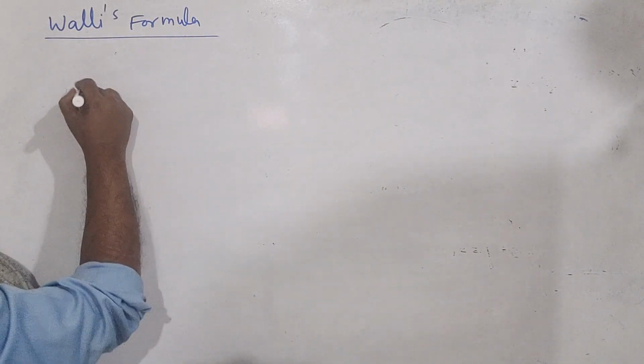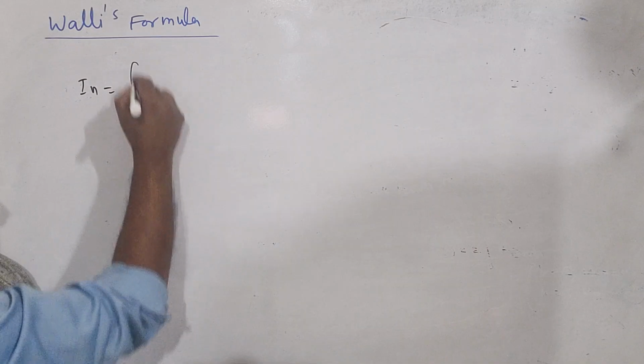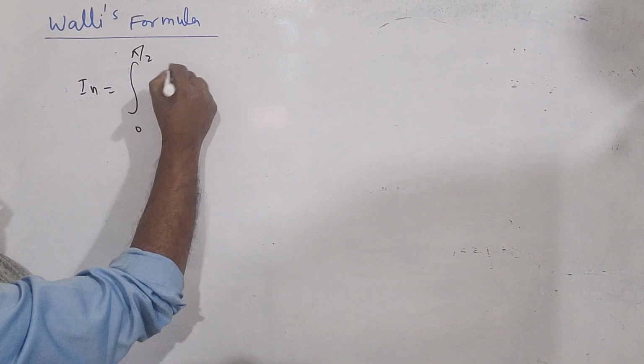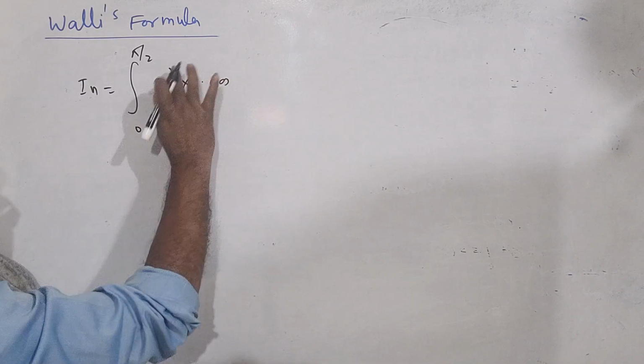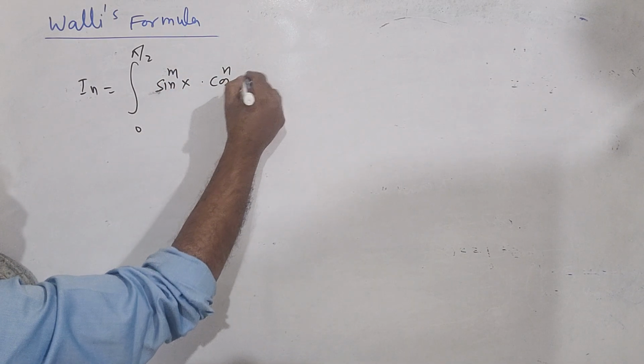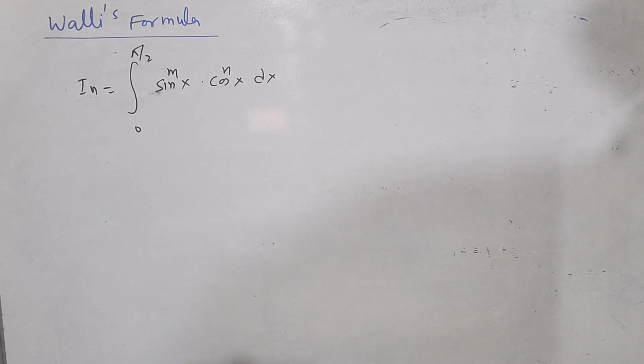Which is that? This is equal to the integral from 0 to pi by 2 of sin to the power m x into cos to the power n x dx, where m and n are both natural numbers. Correct?